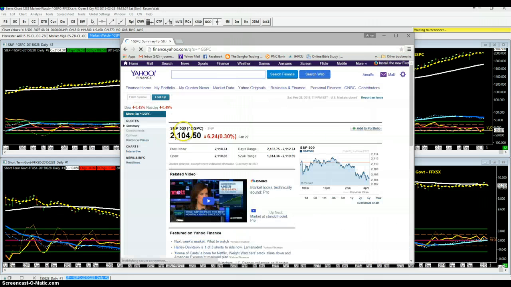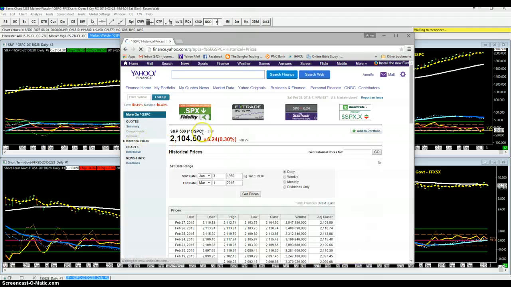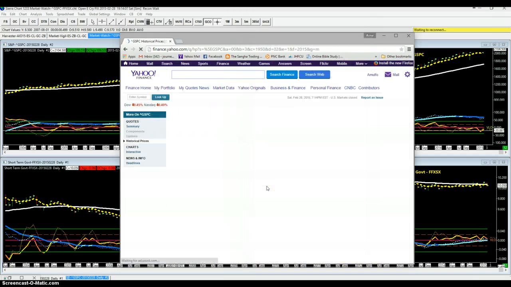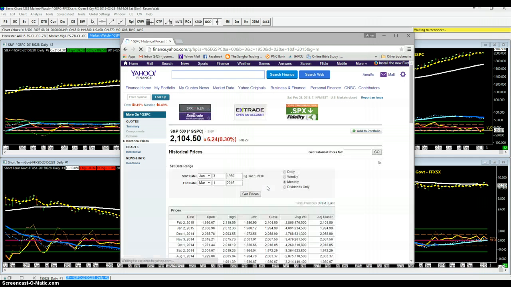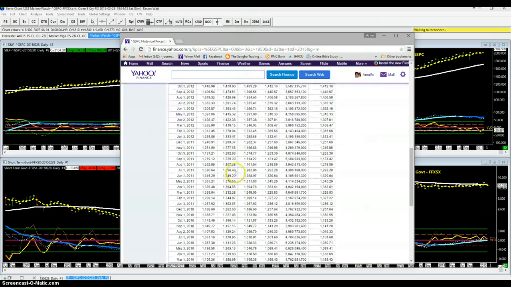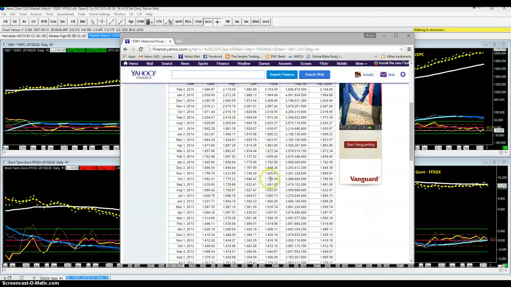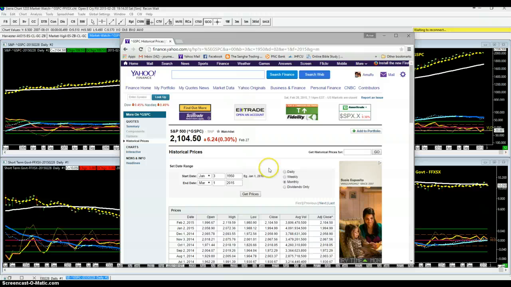So click on the S&P 500, go to historical prices, and I asked it to dump into the spreadsheet the monthly prices. And there you go, all the way back from 1950 to 2015. So here are the monthly closing prices of the S&P 500.